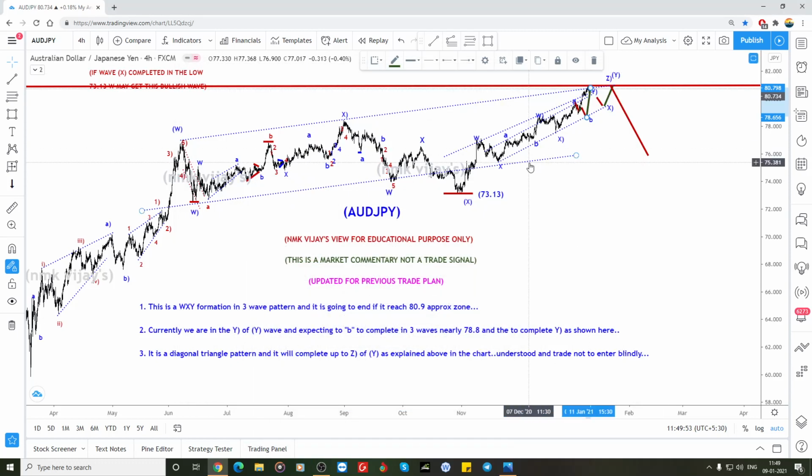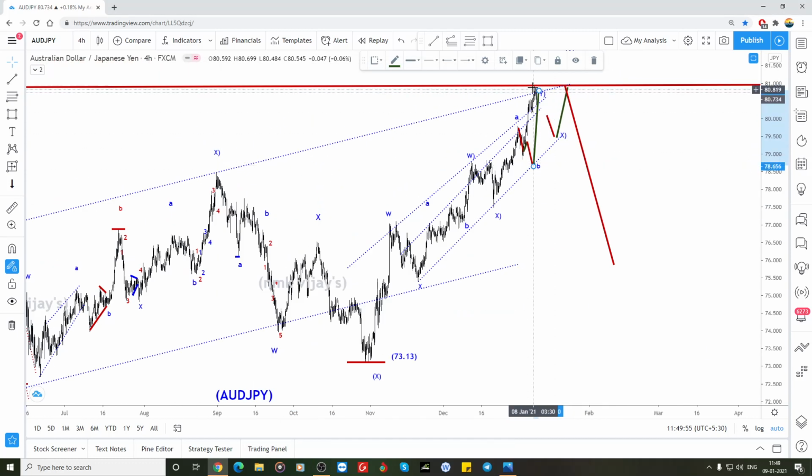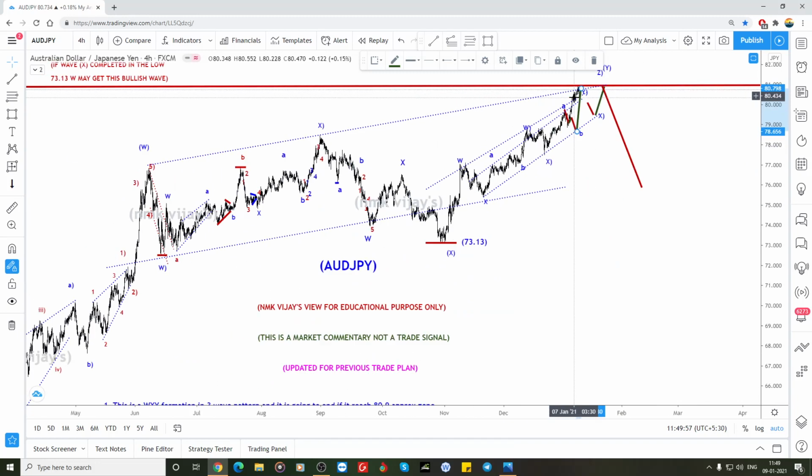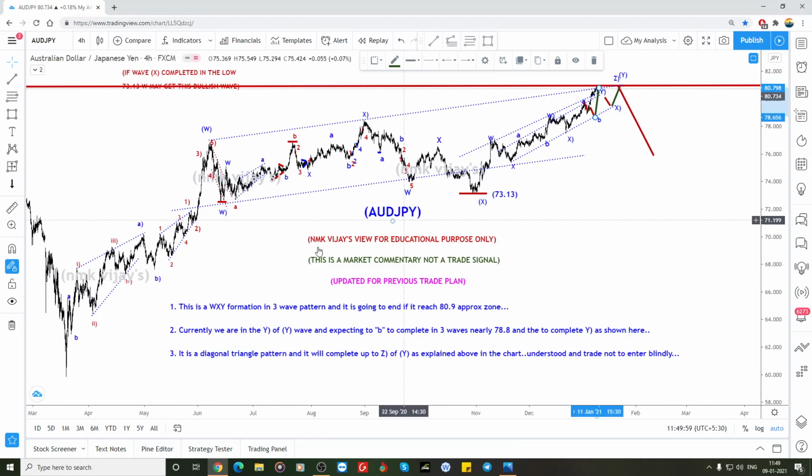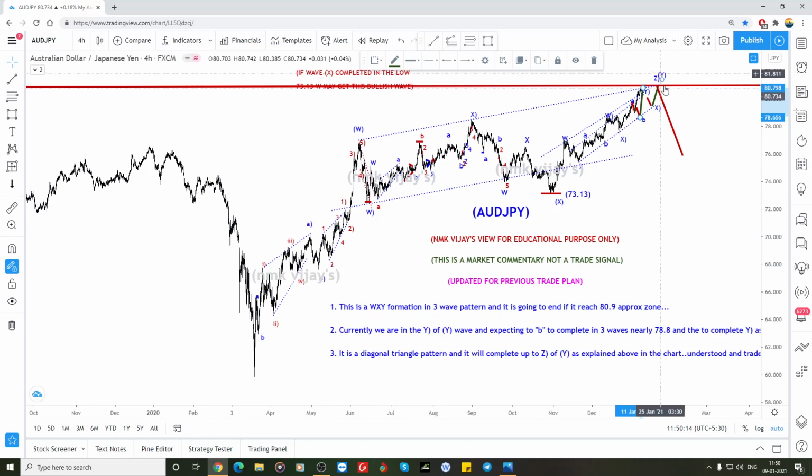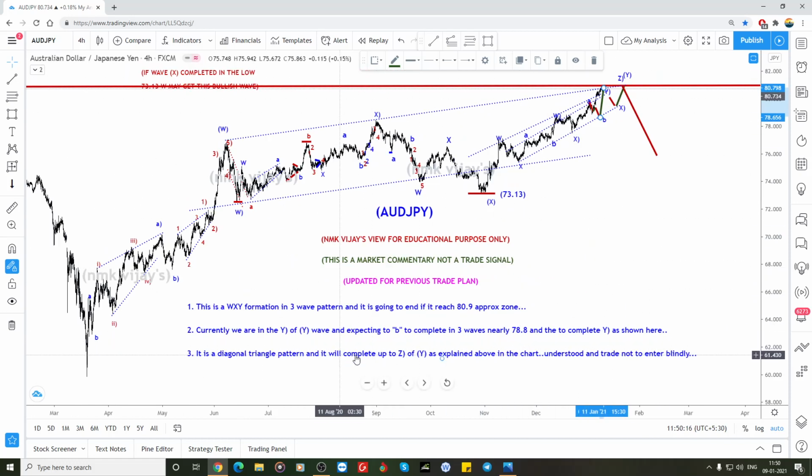We will continue. One more three-wave down and one more wave is also possible. So here is the completion of that Z wave. It is simply A, B, C, A, B, C, A, B, C. So the whole structure is going to complete, and I said in that 80.9 approximate zone.